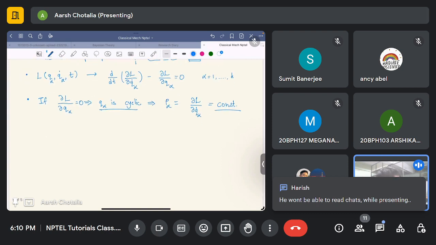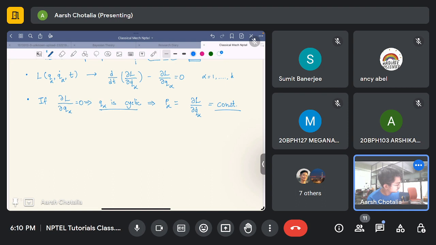Then after some examples, we learnt about Euler's theorem. Can someone tell me what was the statement?